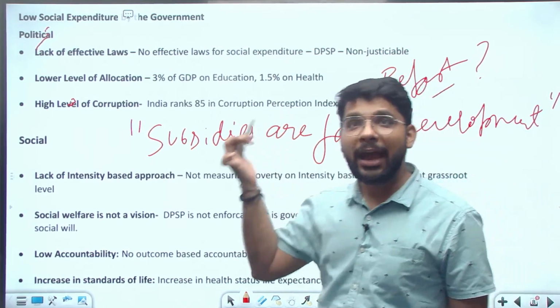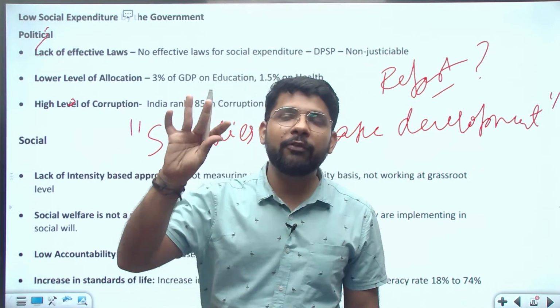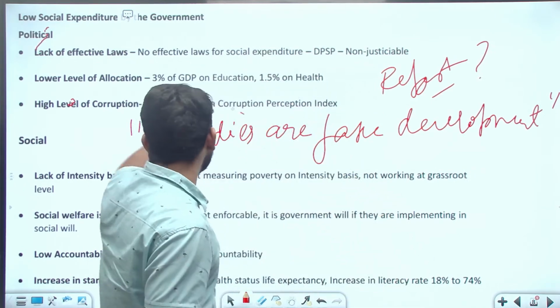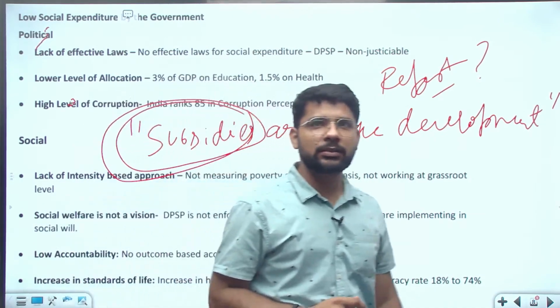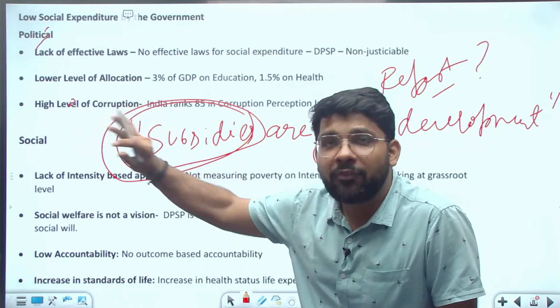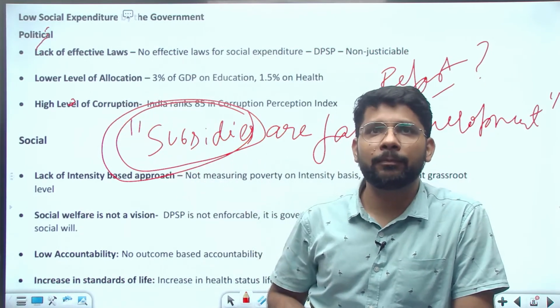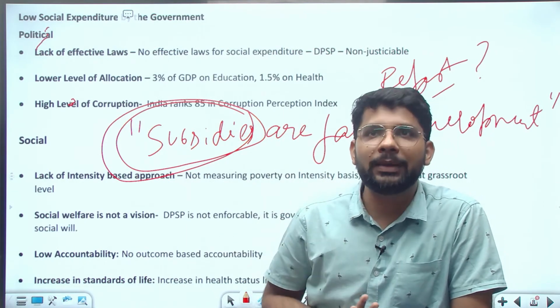I mean, they do not have any accountability. If they were doing their work properly, these subsidies would not be required. That money should be spent on skill development instead of giving free food, free electricity, free water. So subsidies are fake development that show the low accountability of the government.